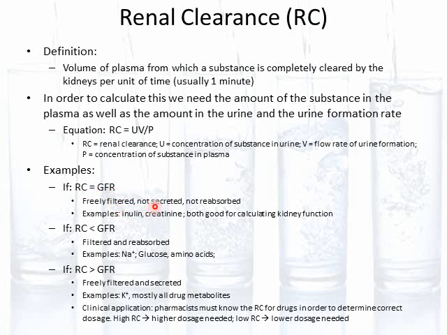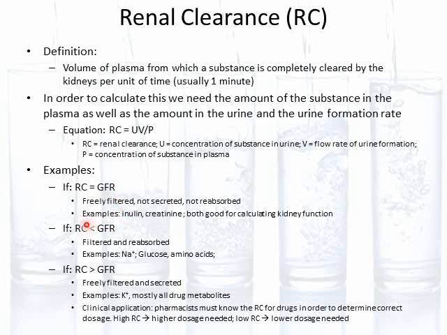It's not secreted, meaning we don't add any more of that substance to the filtrate as it goes through the kidneys, but we also don't bring any of it back. That's what not reabsorbed means. Okay, so if RC equals GFR, this is what you get. There are a few things like that: inulin and creatinine, and we use both of these for calculating kidney function, because if we know the renal clearance of one of these, then we know what GFR is, and that's a good measure of how well our kidneys are functioning.